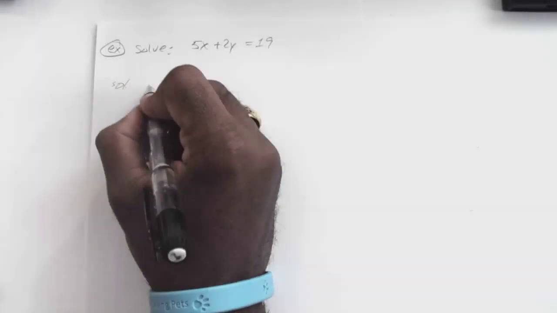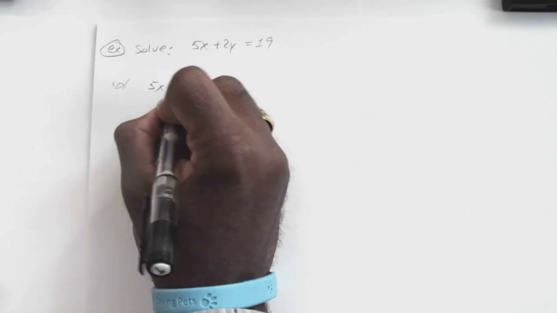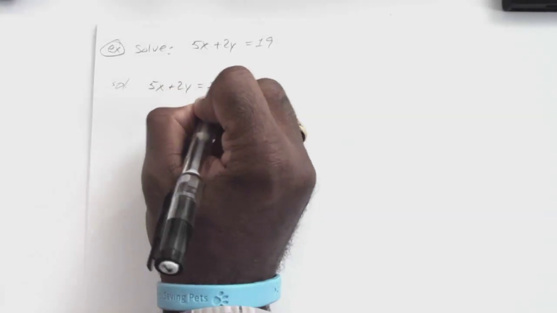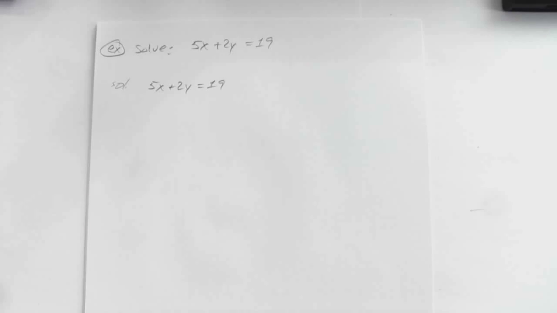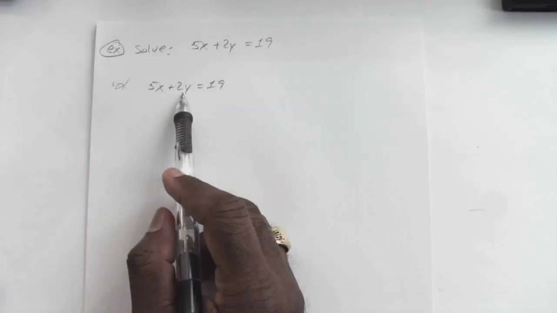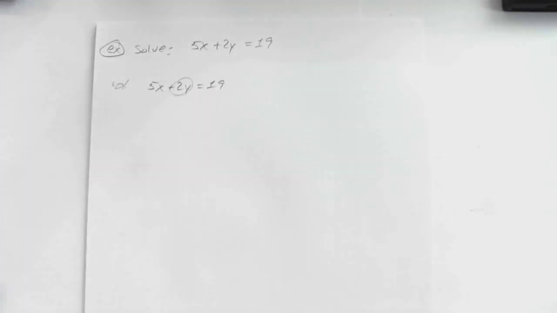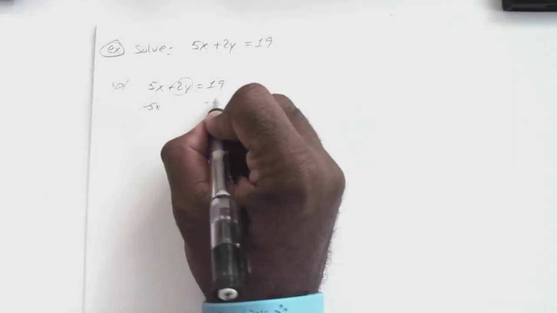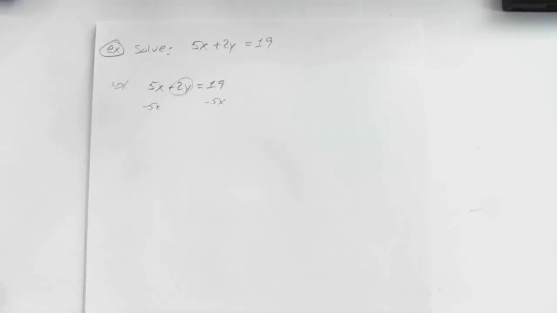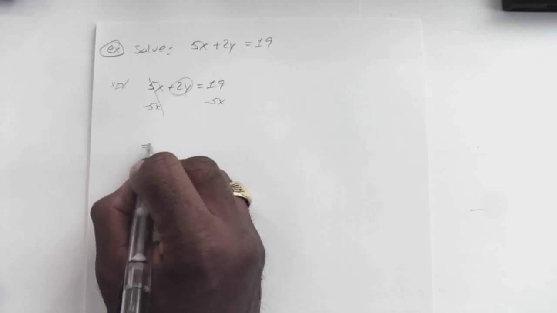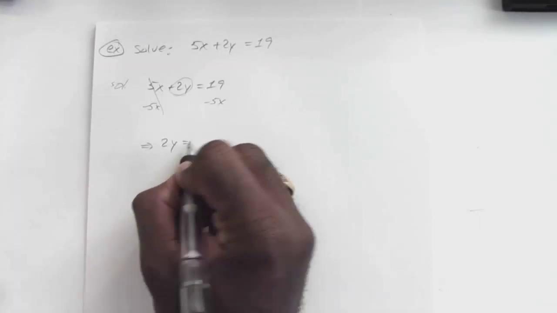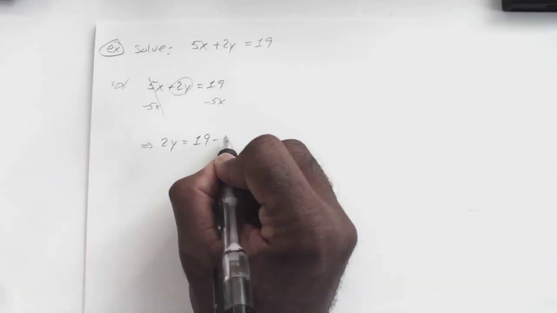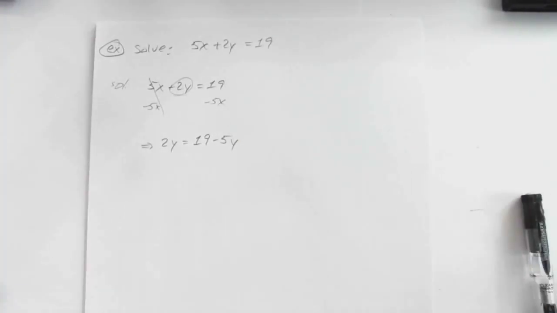Okay, so just like before, our 5x plus 2y equals 19. Since we're solving for y, we want to get this term by itself. So we subtract 5x from both sides. Okay, these two cancel each other out. So you have 2y equals 19 minus 5x.